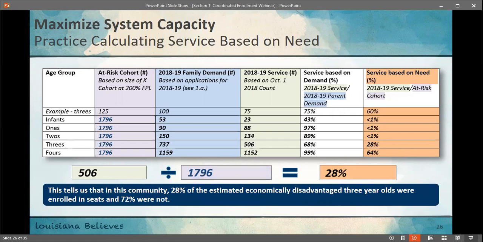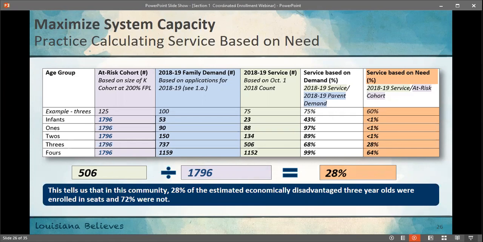Okay, so looking at that last column, service based on need. Now we're going back to the at-risk cohort number. This is where we're going to focus again on our 3-year-olds. We're going to take the 506, which is how many students are currently enrolled in a program.